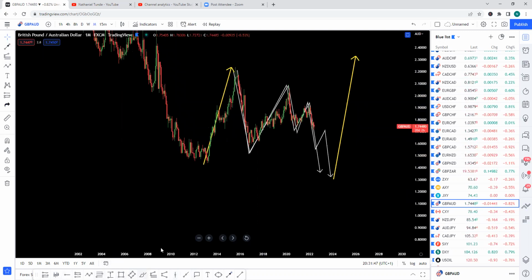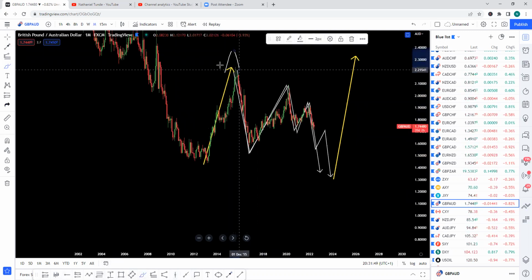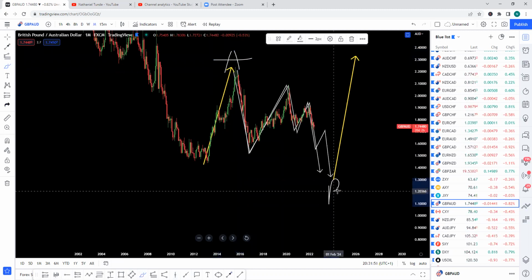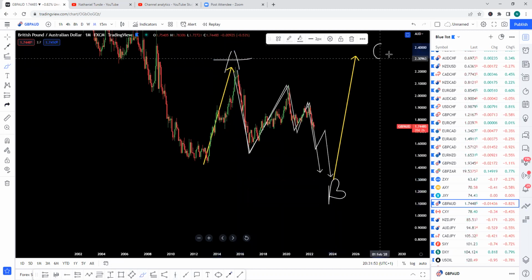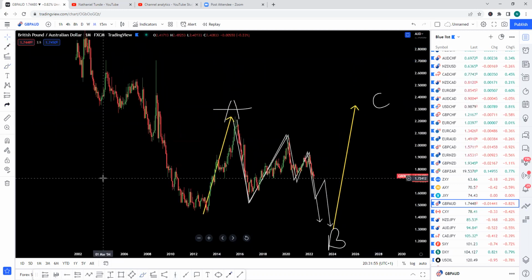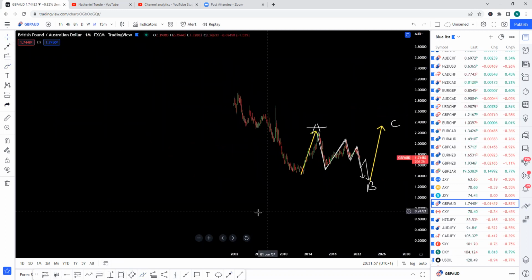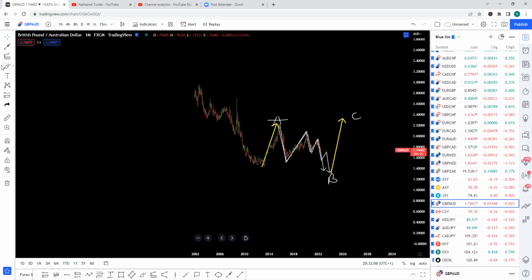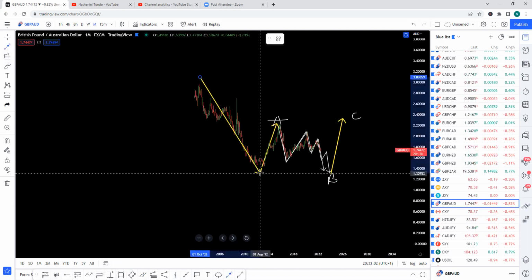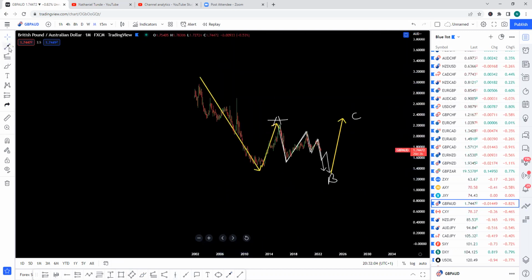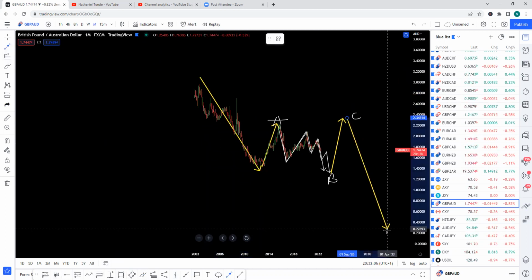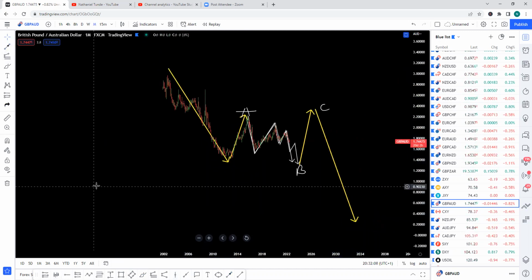This becomes A, B becomes B, C. Can you see? It's on a monthly. It will now form the correction for this bigger part. And then this wave to the downside here.